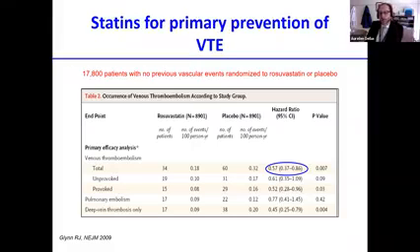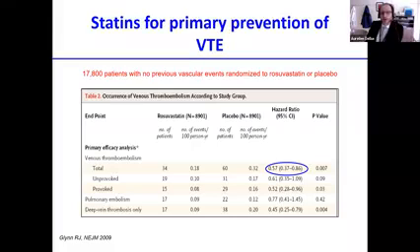If you multiply analyses, you know that at some point you may find a significant association by luck only. The second limitation was the very low rate of venous thrombosis events. If you calculate the number needed to treat to prevent one event, it is more than 700 patients.